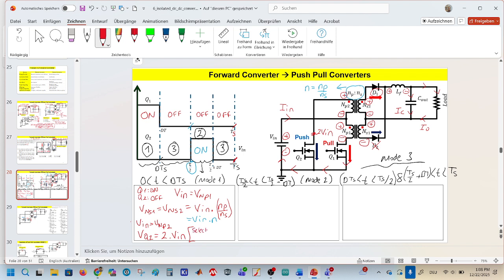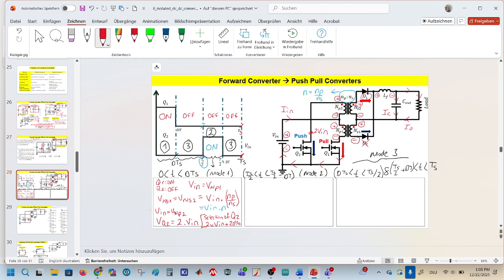That would mean the selection of Q2 would be 2 times input voltage plus, for example, 20% of margin. This was the criterion of selecting the switches for push-pull converter.